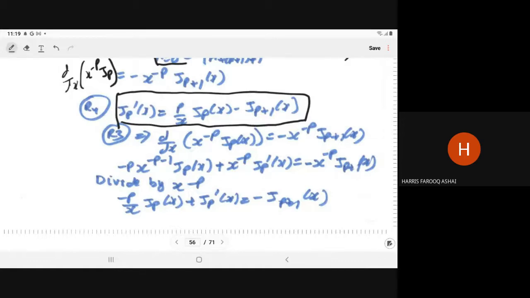from the recurrence relation 3, we have the following relation, d/dx of x to power minus p Jp is equal to minus x to power minus p Jp plus 1.